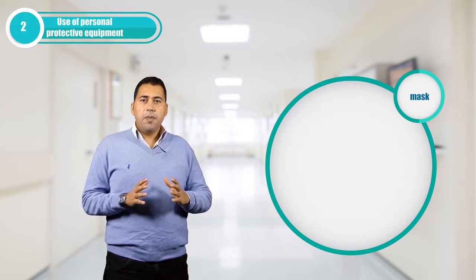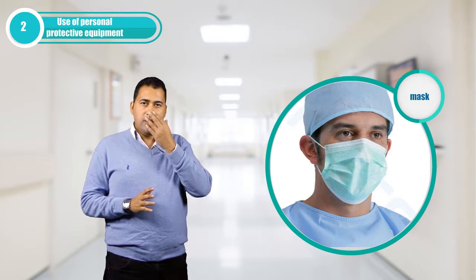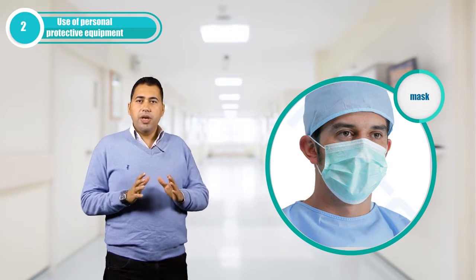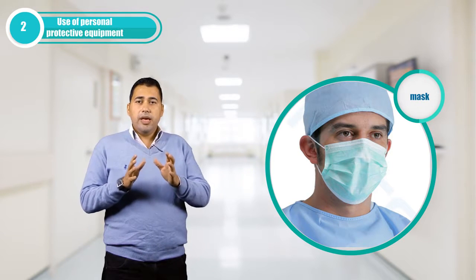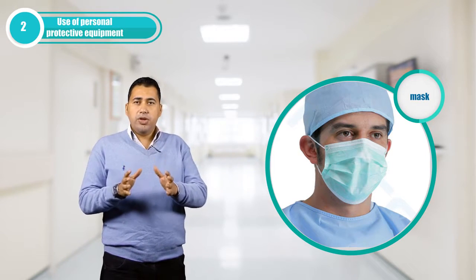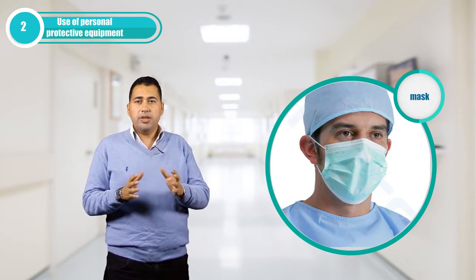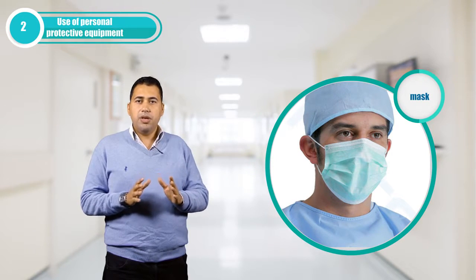Masks. Masks are very important to protect the mouth and the nose from transmitting infection. They should be used before and after dealing with a contaminated patient or contaminated secretions from mucous membranes, coughing, sneezing, etc. They are also single use and cannot be used again.